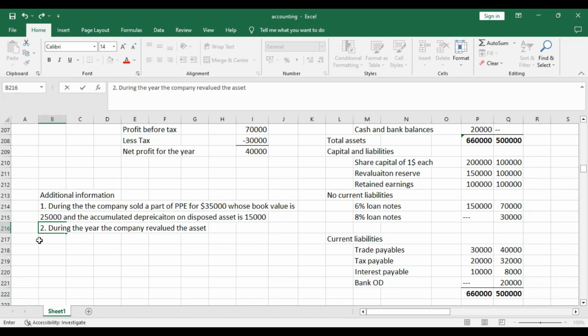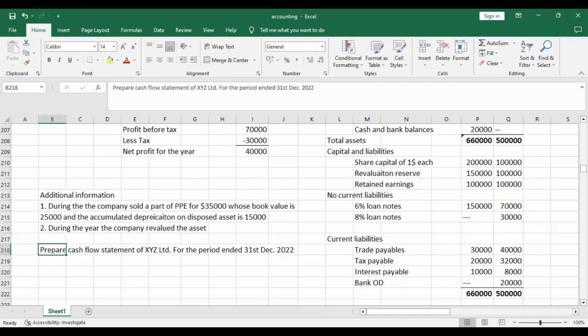Prepare the cash flow statement of XYZ Limited for the period ended 31st December 2022. You have been given this information. Are you clear? Do you understand?